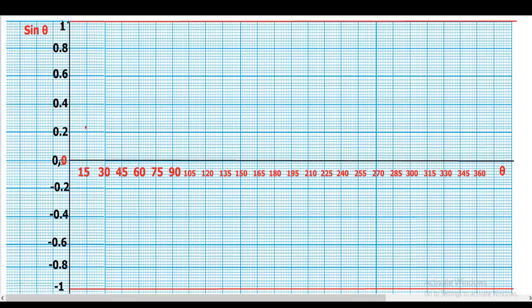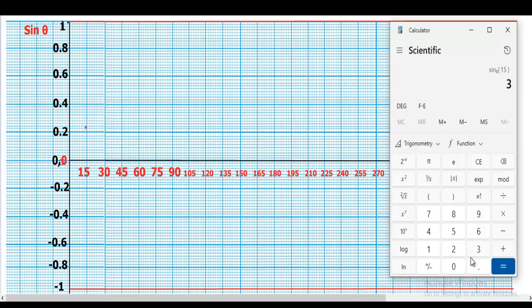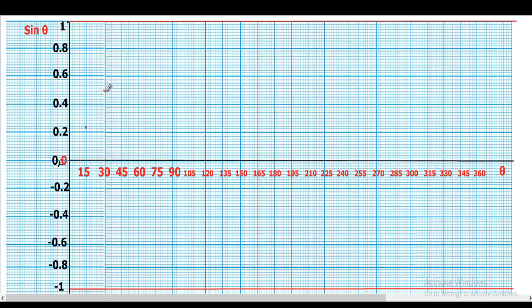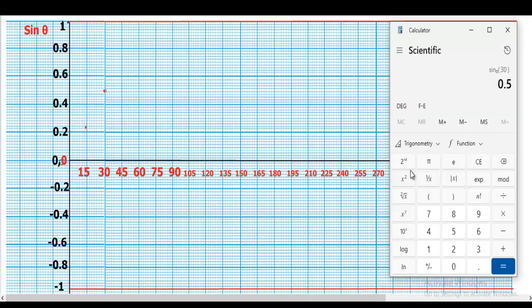Then sine 30, as we know, will be 0.5 approximately here at this point. Sine 45 will be 0.707, approximately 0.7.